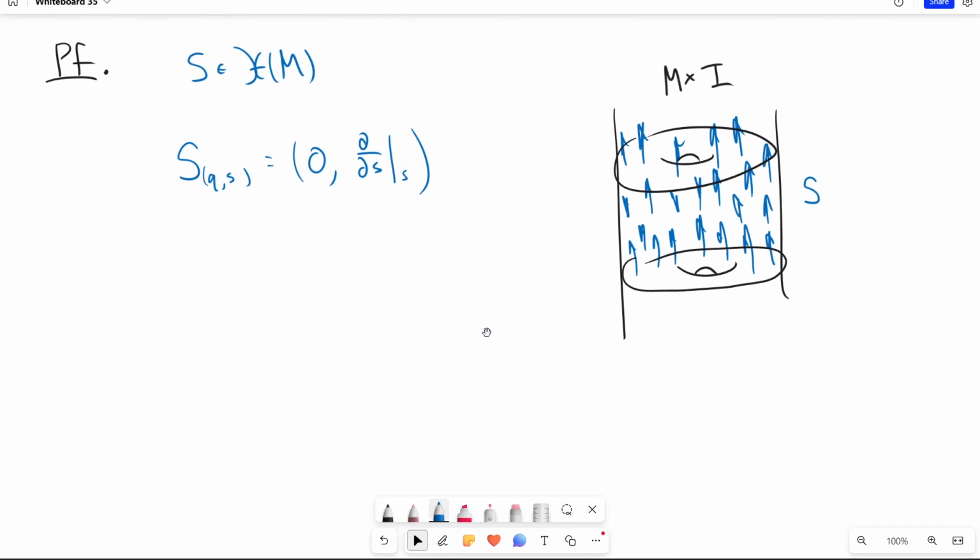So now we define our homotopy operator. So given omega, I'll even write like this.